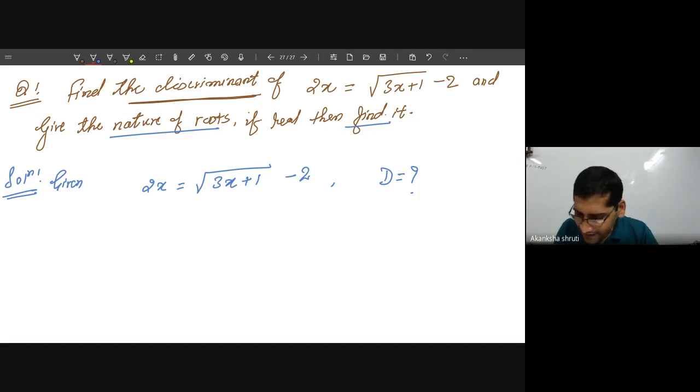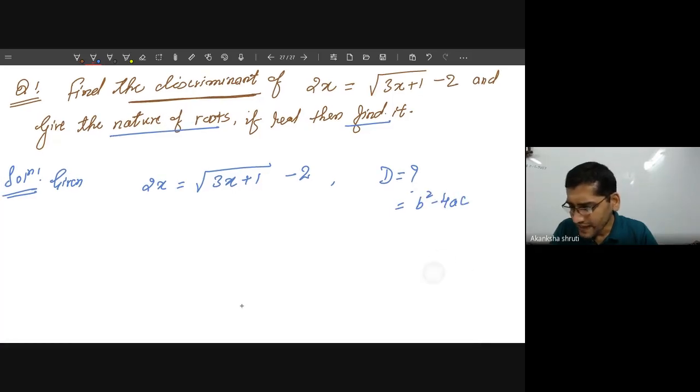So student, what do we need for this? For D we first need A, B, C. For calculating this, we need B square minus 4AC. Means I need A, B and C. But these can be written only for the equation in a standard form, ax square plus bx plus c.